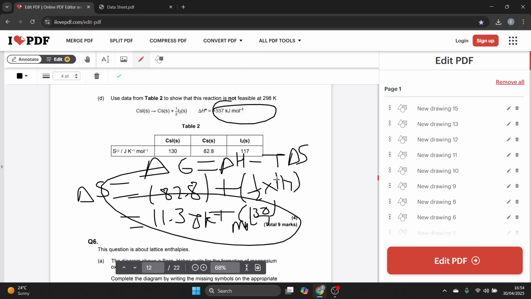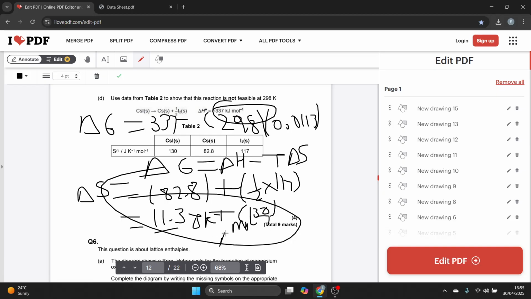Then write down the equation, delta G equals delta H, 337, minus temperature 298, and then delta S, which is that, right? No, I run it in kilojoules, so 0.0113, and then you get delta G as plus 334.